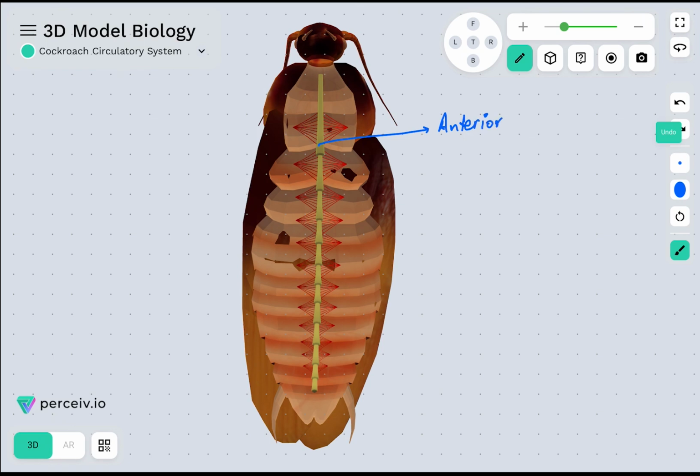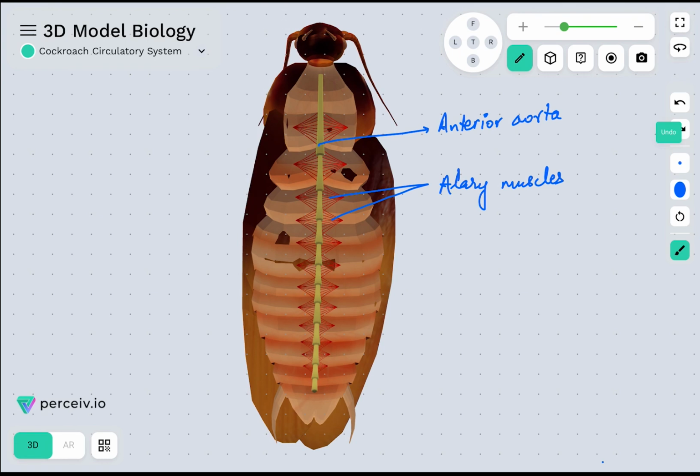So this is the anterior aorta, and these are all the alary muscles. These are considered to be the alary muscles.